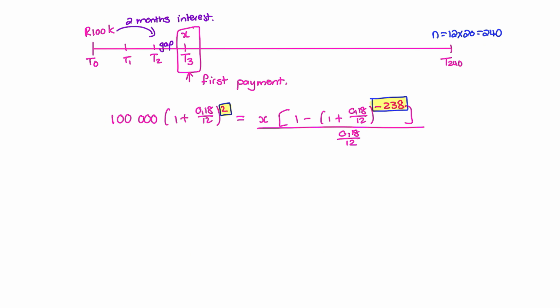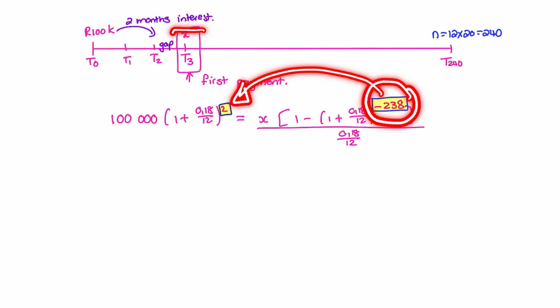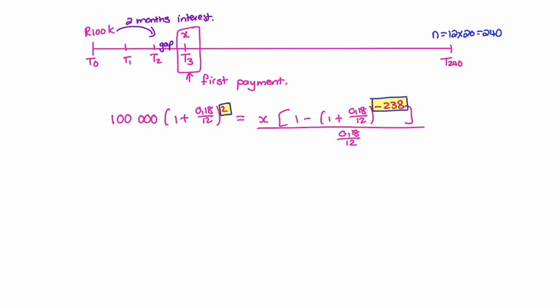We are actually only going to receive 238 payments because the first payment only started in the 3rd month. So if we receive our first payment in the 3rd month, there's 2 months that will earn interest, and that means there are 2 months less from our 20 years in which we will receive payments.